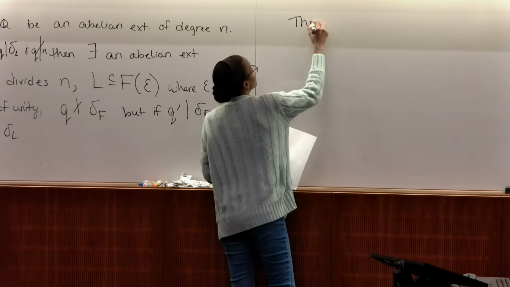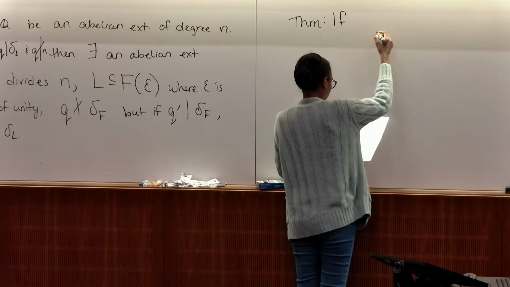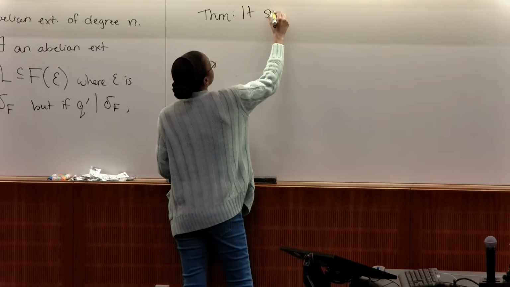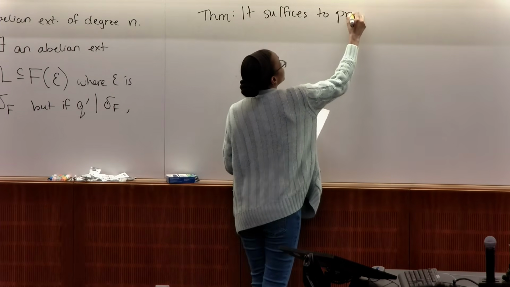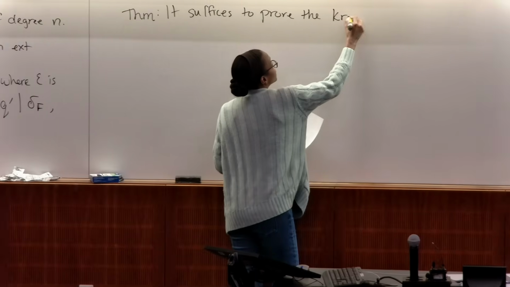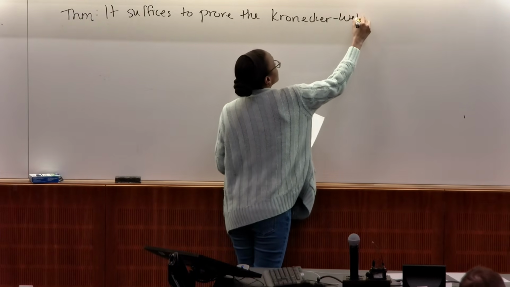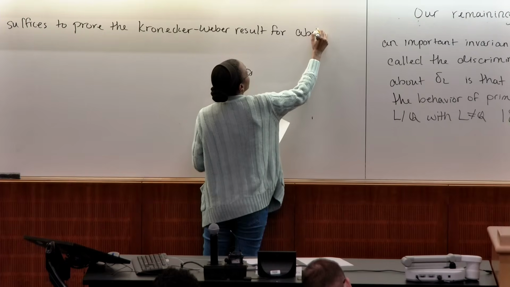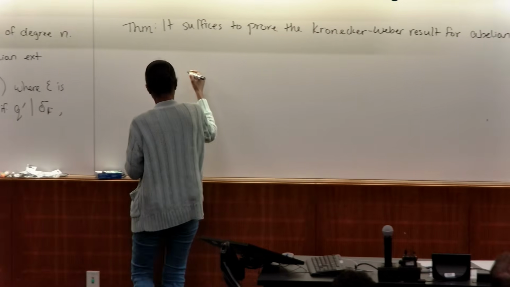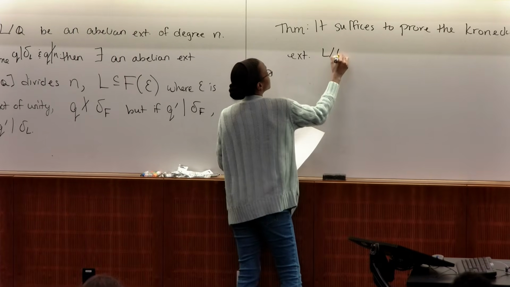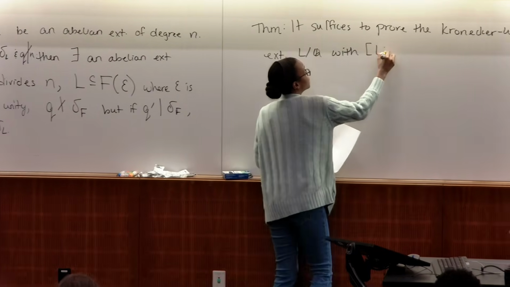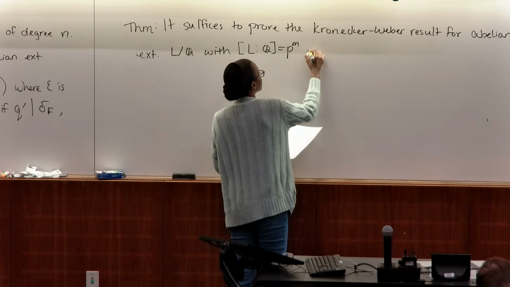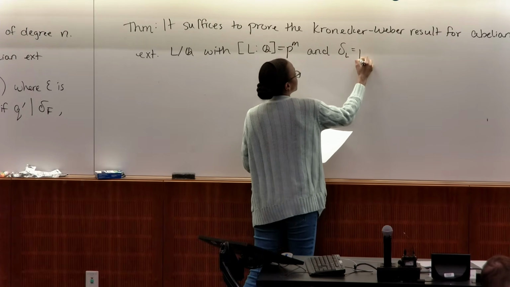So, theorem: it suffices to prove the Kronecker-Weber result for the Abelian extensions that have degree of prime power and discriminant of prime power.